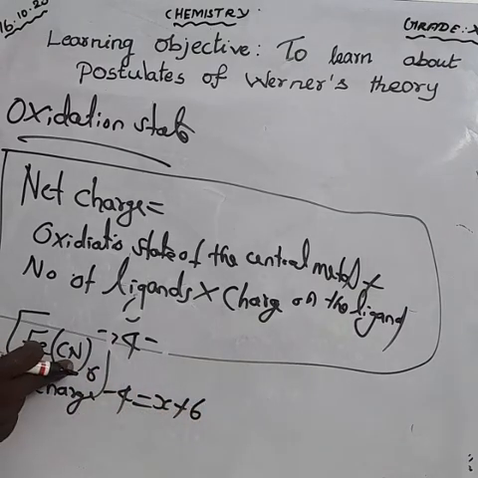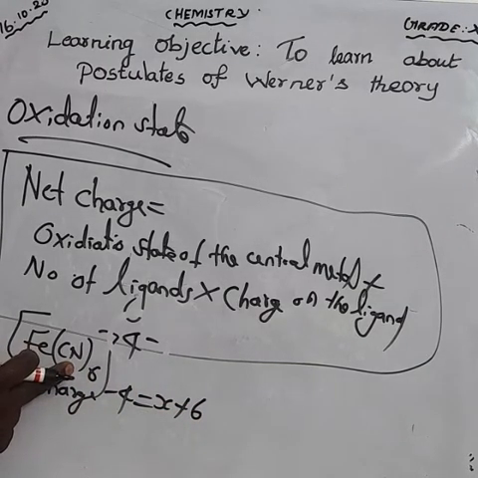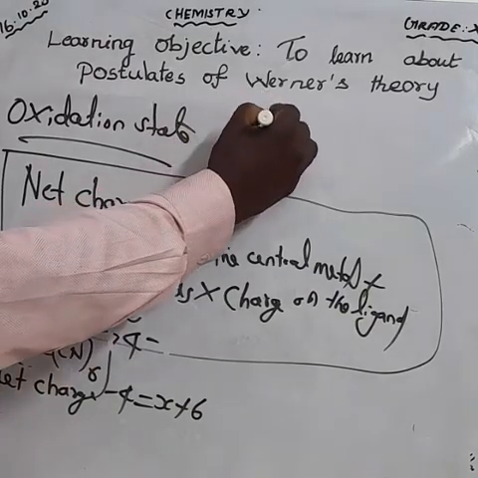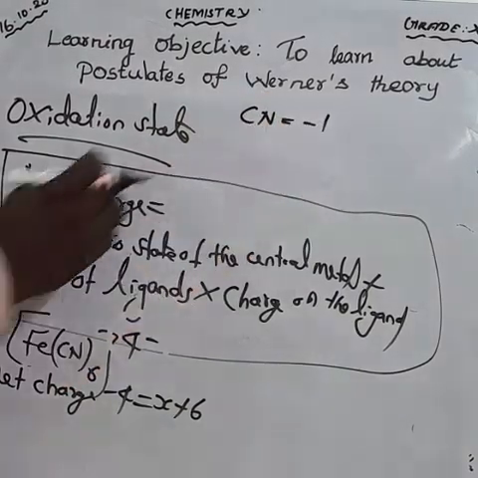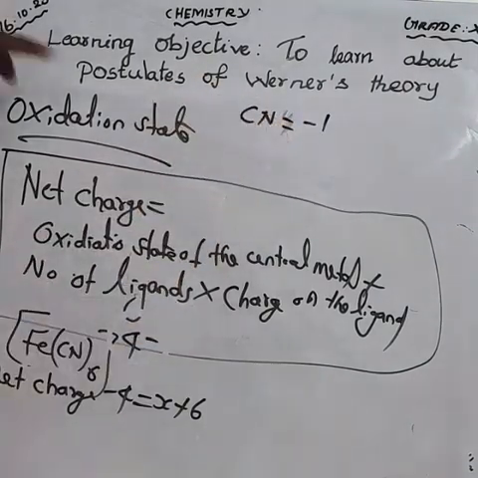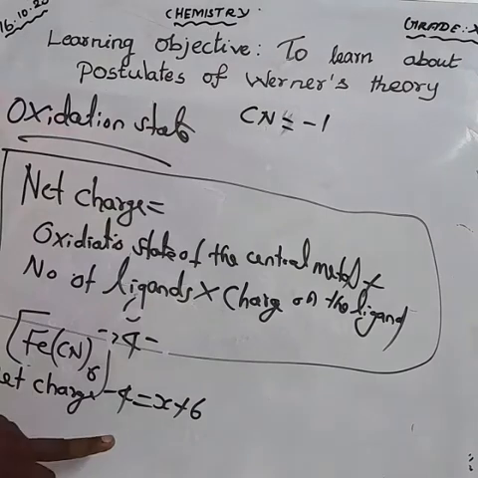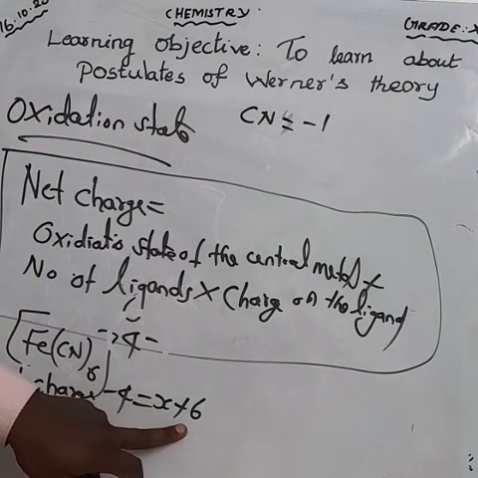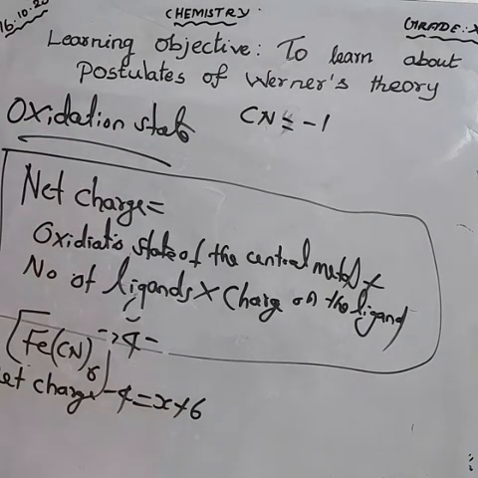Cyanide, CN, has a value of minus 1. So 6 into minus 1.